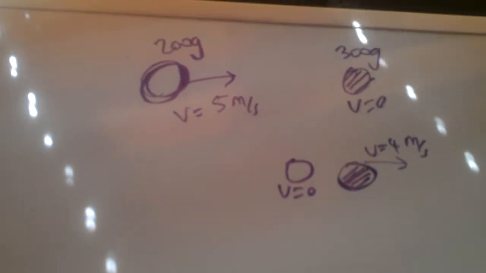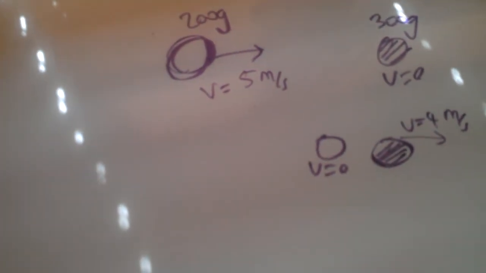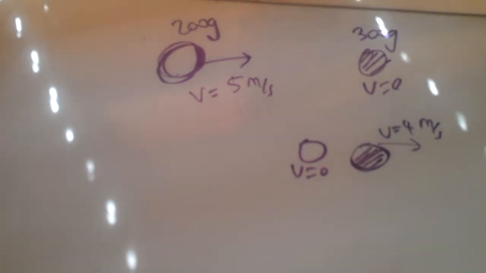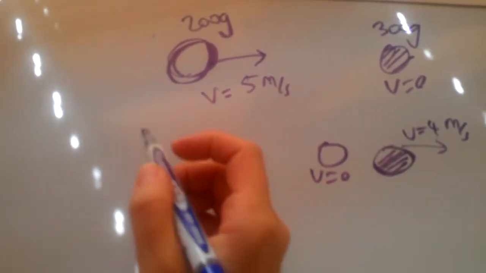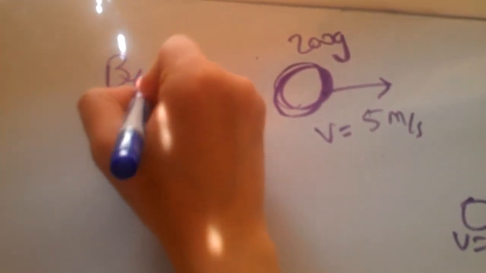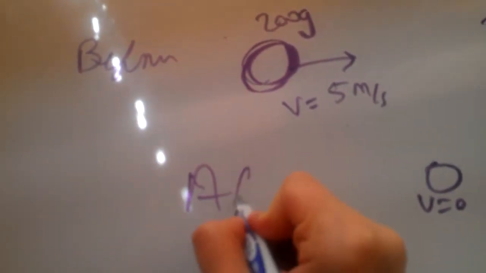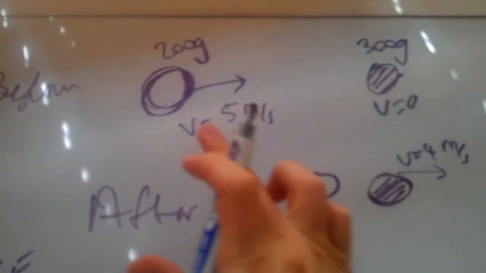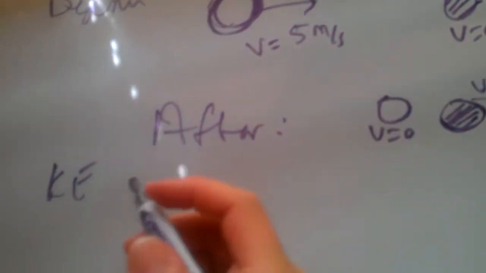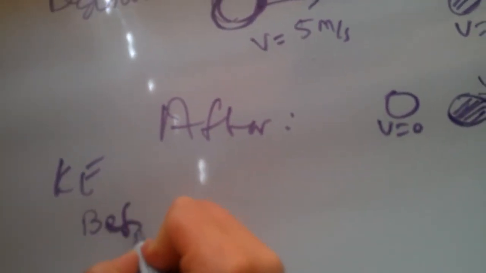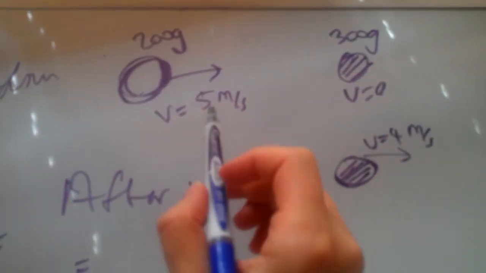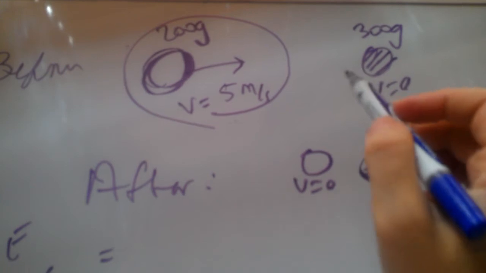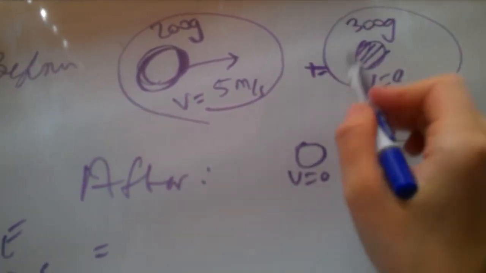I'm wondering if my kinetic energy is conserved, and if it is not conserved, then how much is the loss in my kinetic energy? So this is before the collision, and this is after the collision. The kinetic energy of my whole system of two balls before the collision is the combination of both of them: the kinetic energy of this one plus the kinetic energy of the other.